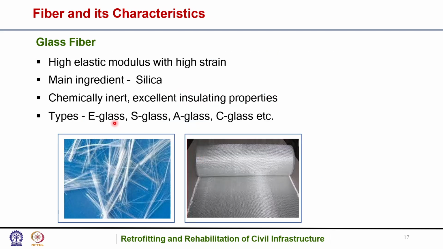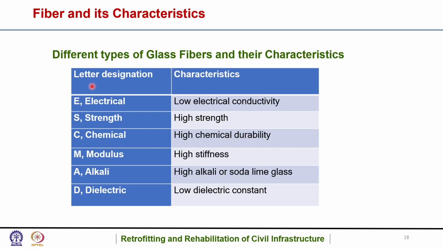Basically these names have some meaning: E, S, A, C. So let us see what it means. If it is E glass, E stands for electrical, and that means it has lower electrical conductivity. If it is S glass, S means strength, so it designates high strength.